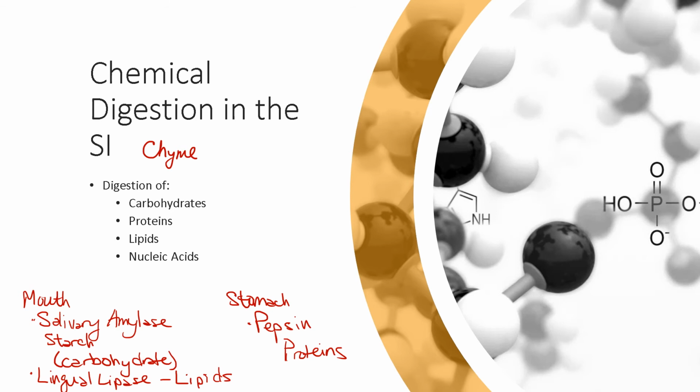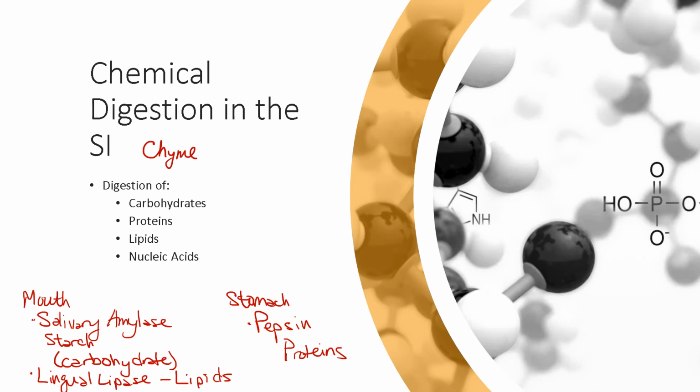So lingual lipase is going to digest lipids. So chyme coming in has partially digested carbohydrates from that salivary amylase, partially digested lipids from the lingual lipase, and also partially digested proteins from the pepsin in the stomach.